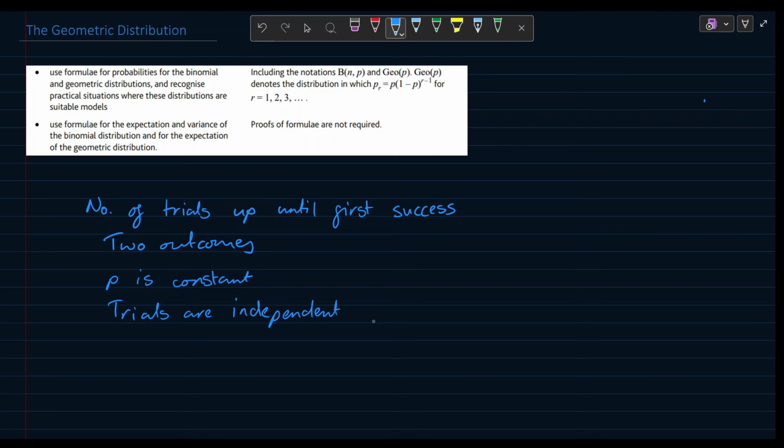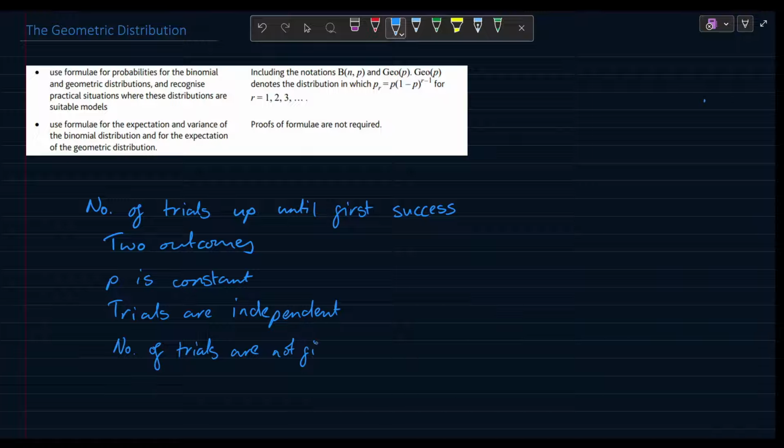The key difference is that for a binomial distribution we had a fixed number of trials, but for a geometric distribution the number of trials is not fixed.